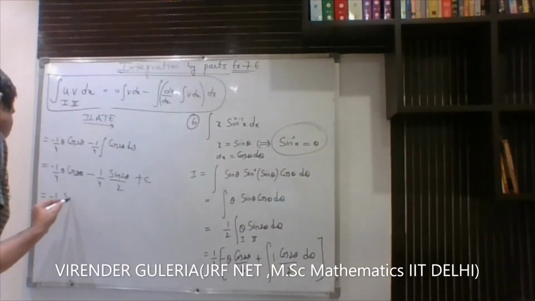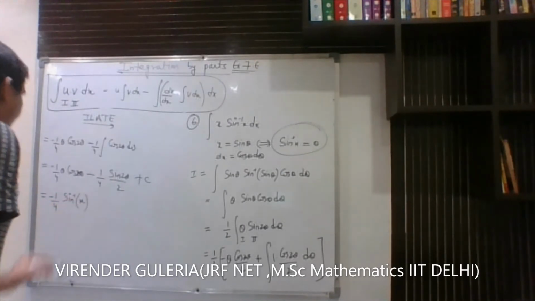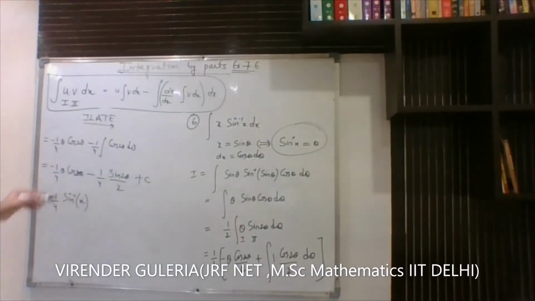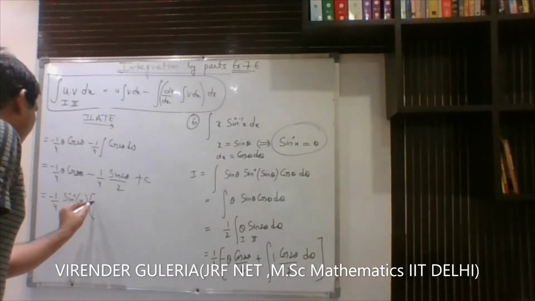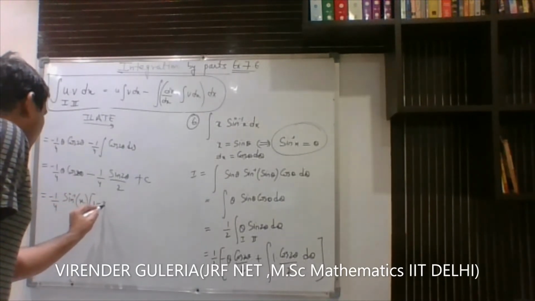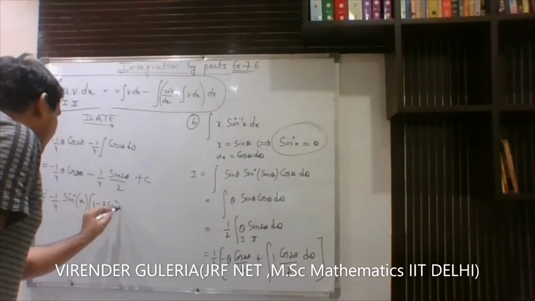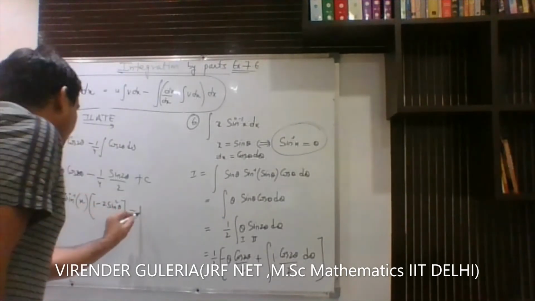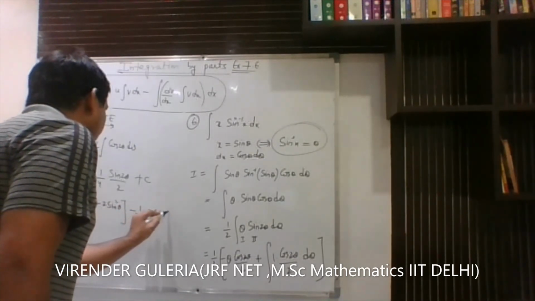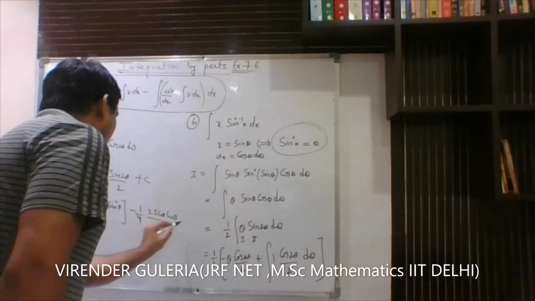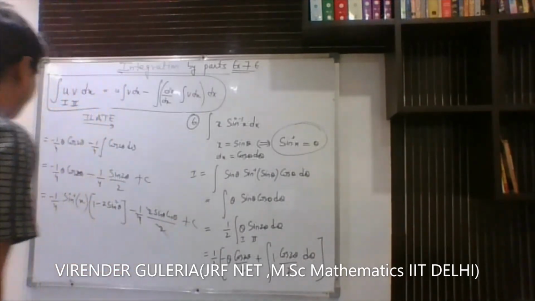So I can write sine inverse x as the value of theta. Now cos 2 theta can be written as 1 minus 2 sine square theta, and sine 2 theta can be written as 2 sine theta cos theta upon 2 plus c. 2 and 2 will cancel out.